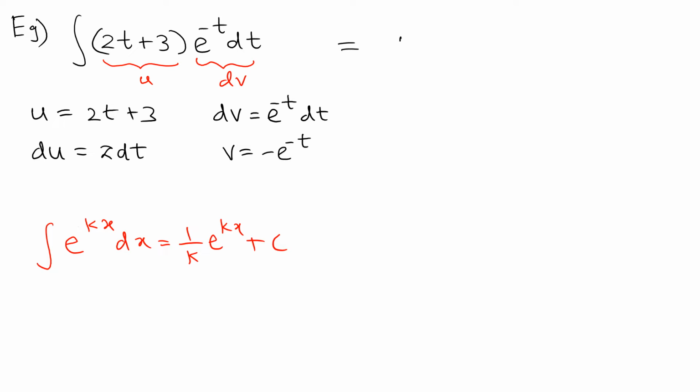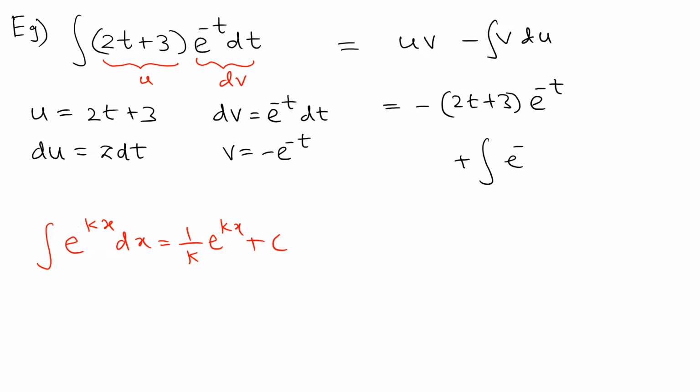So it is uv minus the integral of v du. So that means it is equal to uv, so that means it is negative (2t plus 3) e to the negative t minus the integral of v du. v means negative e to the negative t. So that means negative becomes positive, so you get e to the negative t, and then there's a 2.